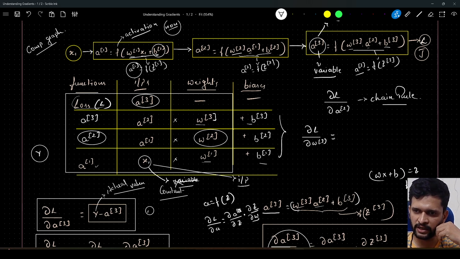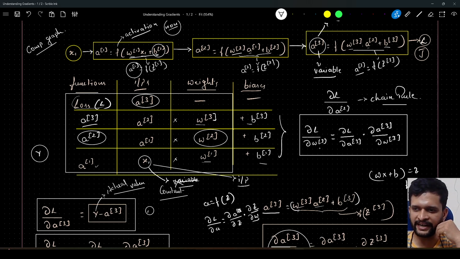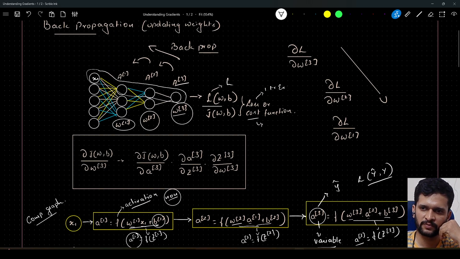This can be given as how the loss is affected by change in values of A3 into how the A3 values are affected by changing the values of W3. This is what we have to do in order to calculate the gradients at layer 3. So this dl by dw3 is called the gradient at layer 3.